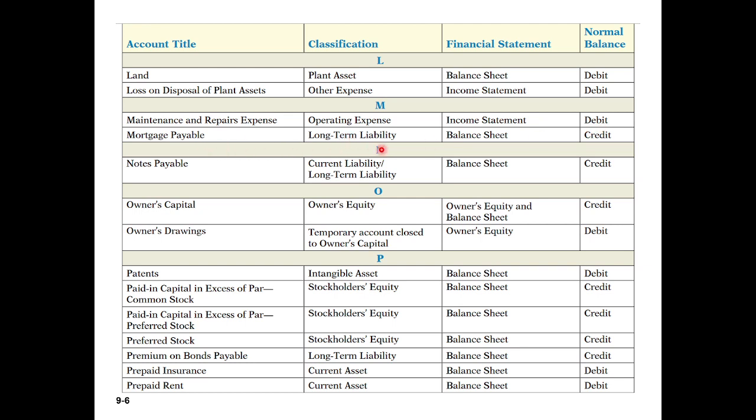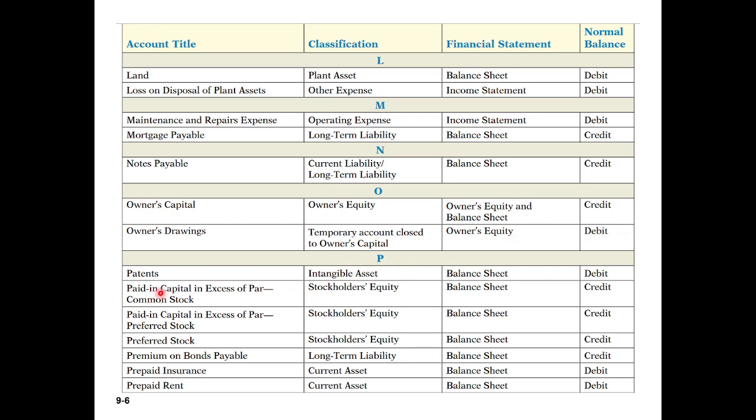Mortgage payable is a long-term liability, a balance sheet item, with a normal credit balance. Notes payable is a current or long-term liability, a balance sheet item, with a credit balance. Owner's capital is owner's equity, a balance sheet item, credit balance. Owner's drawing is a temporary account closed to owner's capital, with a normal debit balance.